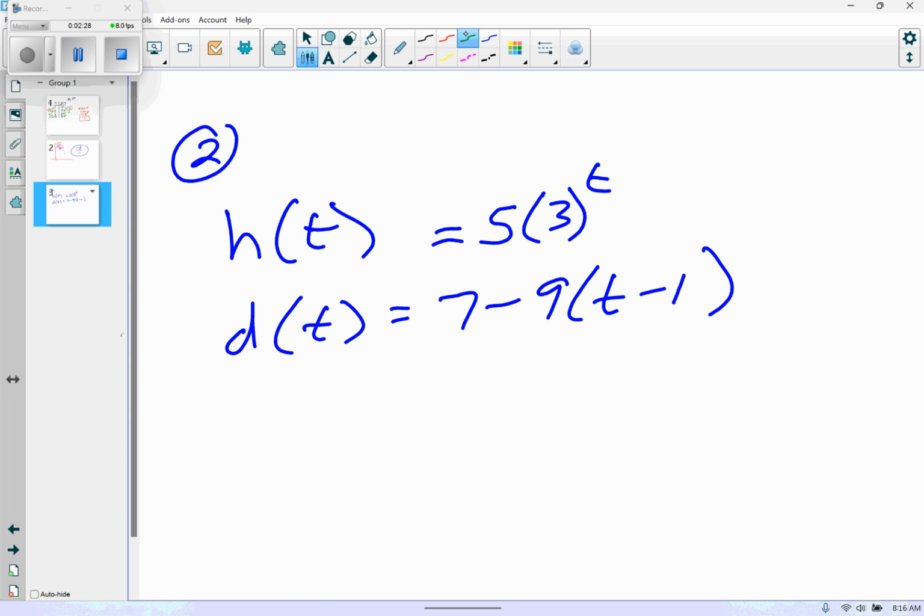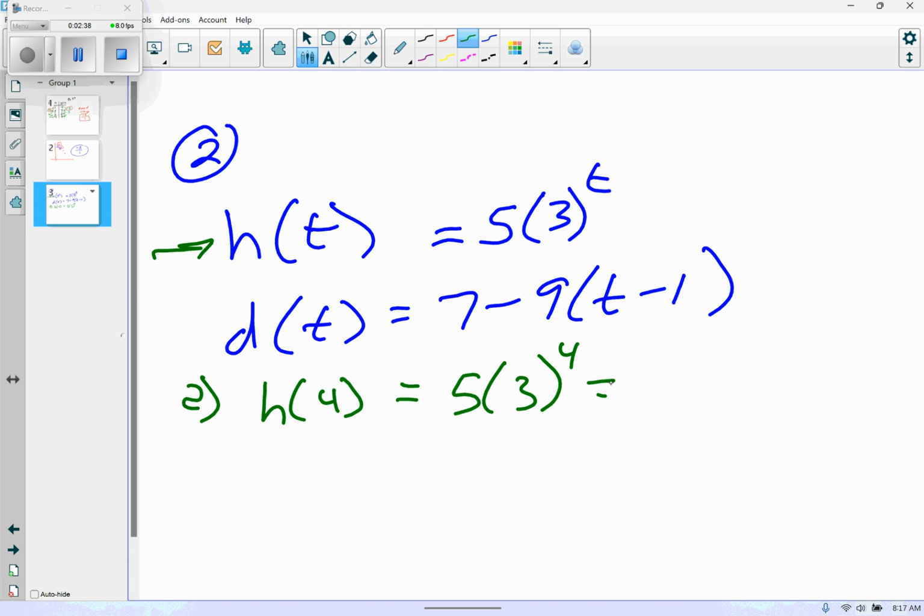For letter A, they want h at 4. That's going to be the green one, so that'll be 5 times 3 raised to the 4th. 3 to the 4th is 3 times 3 times 3 times 3, which is 81, so this is 5 times 81. That's going to give me 405.